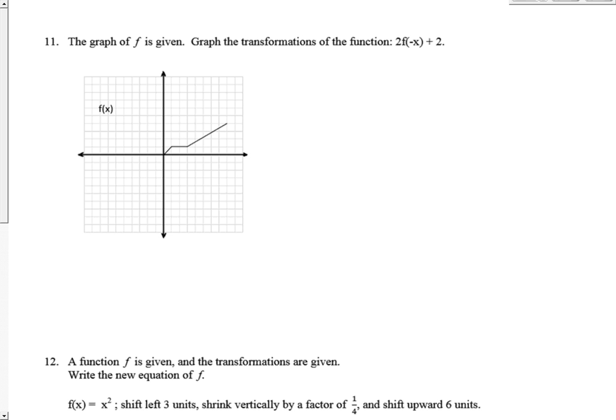All right, let's look at number 11. This is the graph of f is given to us, and we want to graph the function when we have this 2 out in front, which vertically stretches by 2. That means all of our y values are going to be multiplied by 2.